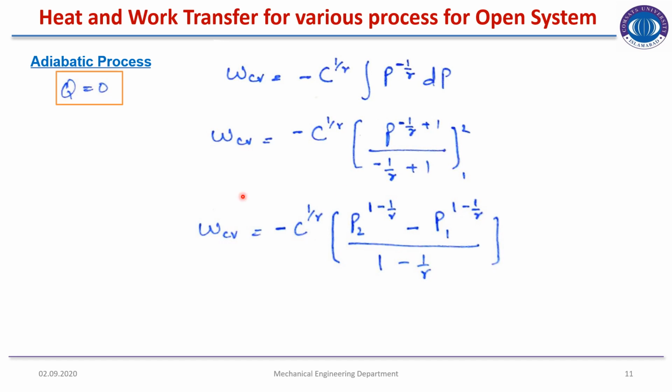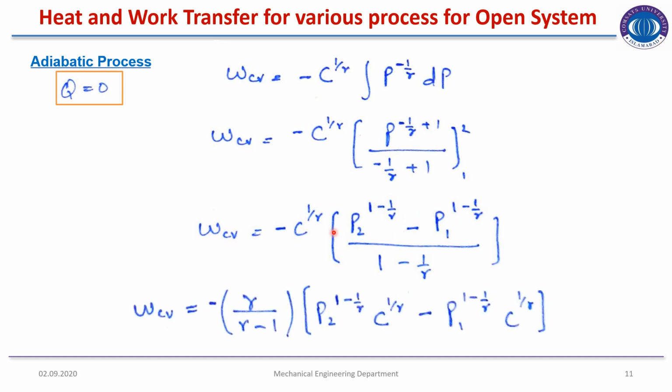Now in the next step, we have inserted the limits of integration. So we have P2 and P1 and the power remains the same. Here we have taken the LCM in the denominator, so 1 minus gamma minus 1 divided by gamma.